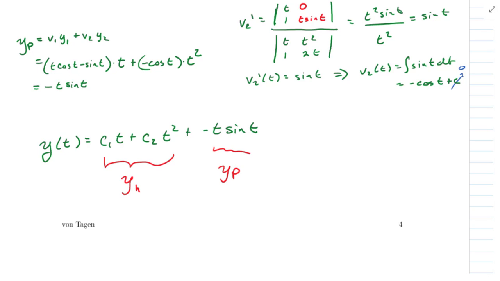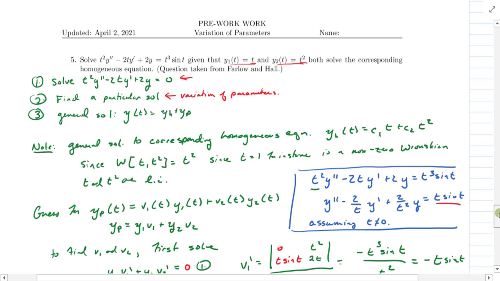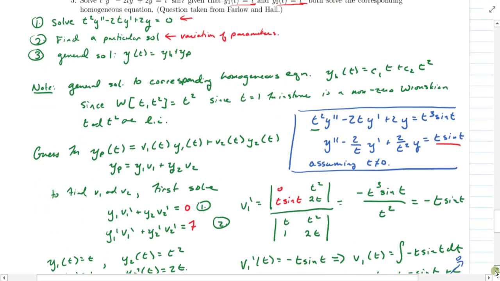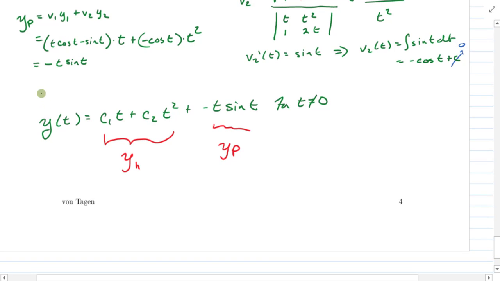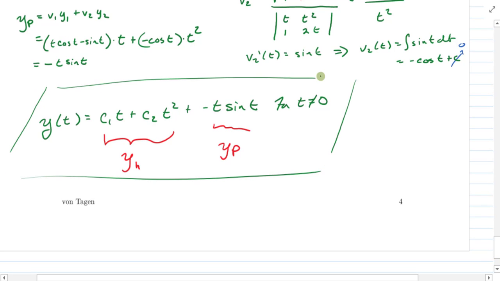Of course, though, we have to add, because it's not apparent from this, for t not equal to 0. Why? Because at some point we divided by that t squared in order to do this whole method. So there we have the general solution to this second order non-homogeneous equation.